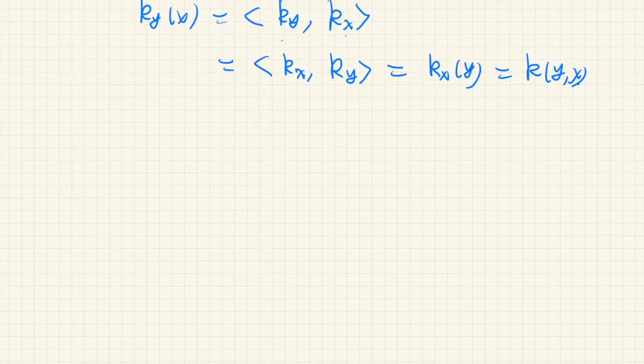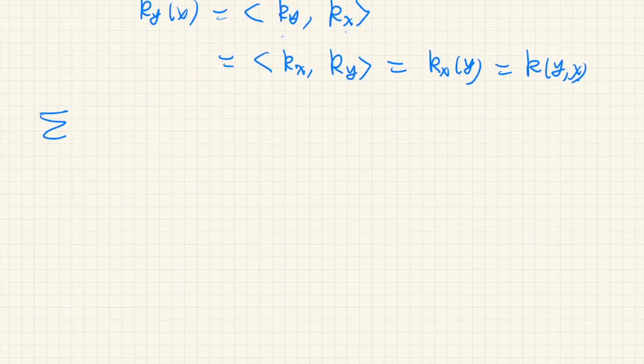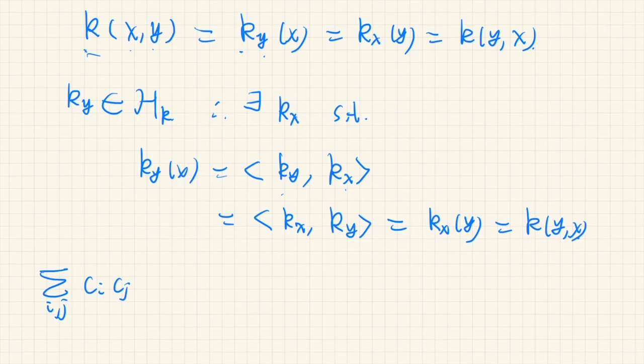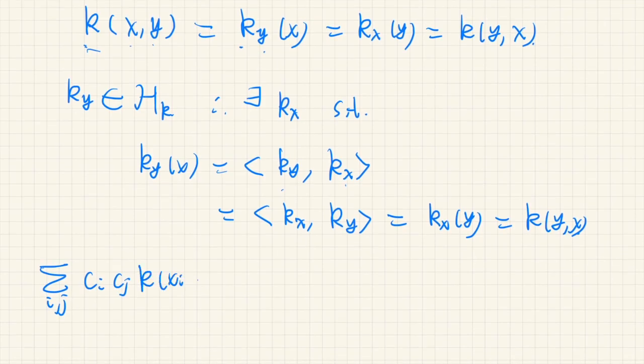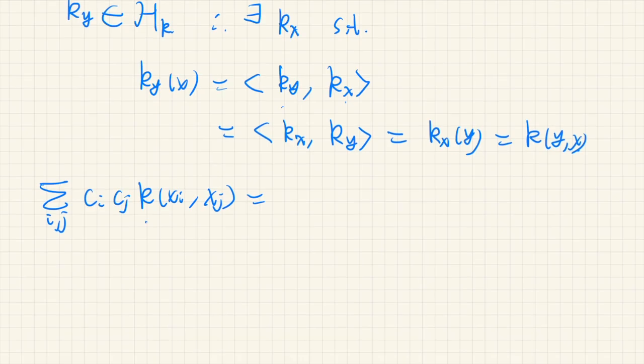And next, let's show the positive semi-definiteness. So we take this double sum, ci, cj, k of xi, xj. By the definition of this function k, we have ci, cj times k, where first we put xj as the subscript and xi as the argument.